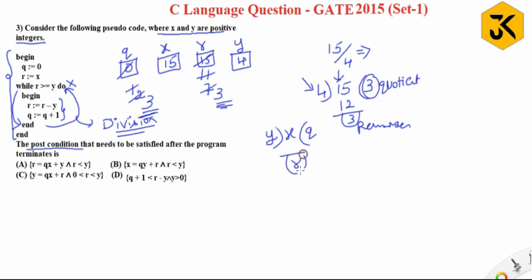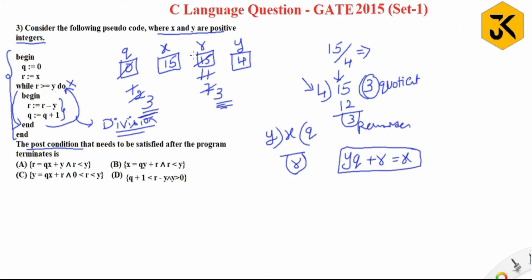Remainder I am calling r. If you know this, you can solve it easily. When you are going to get this x value, you are going to perform y into q, y q plus r, and you will get the value as x.